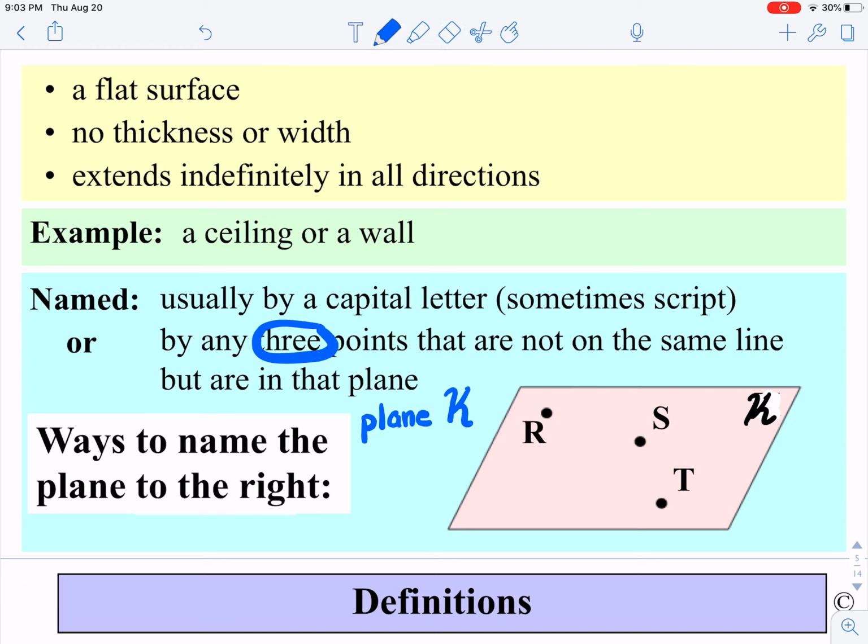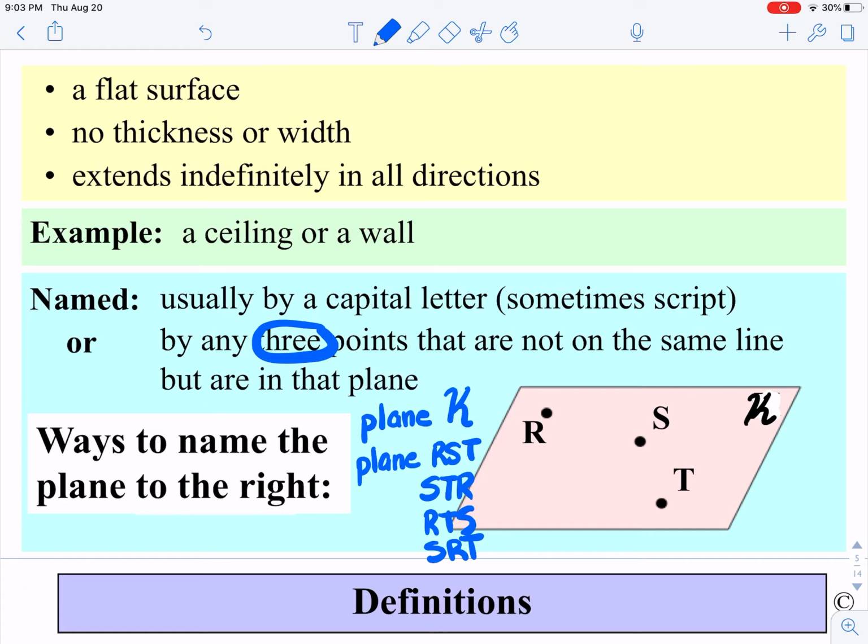So they have to be scattered. So we can say plane, and the order of your letters does not matter. You can say RST, STR, RTS, SRT. We could be here all day with all the different combinations.